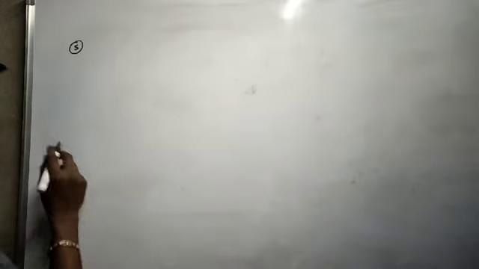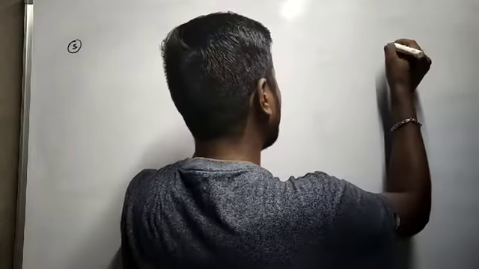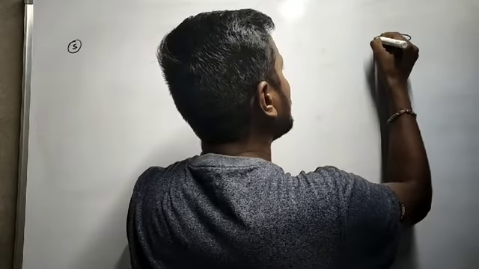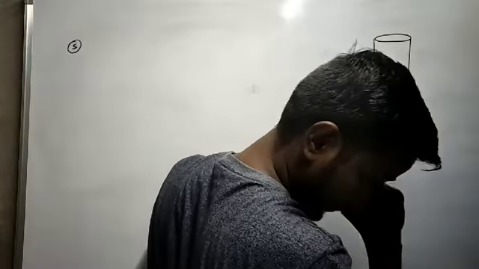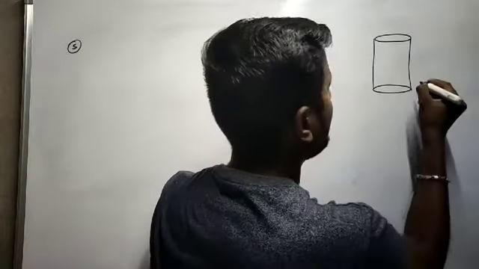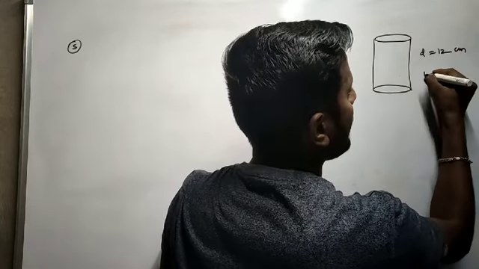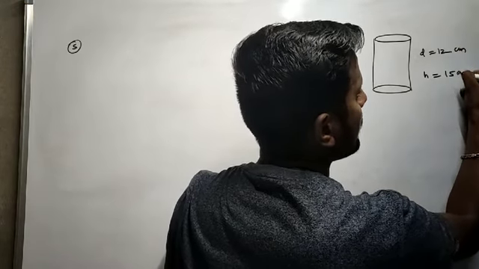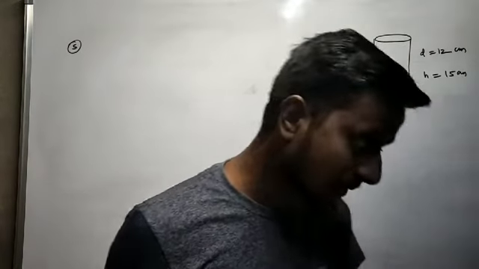Problem number 5 tells about a cylindrical container whose diameter D is 12 centimeters and height is 15 centimeters. Now the container has to be filled with cone ice creams.